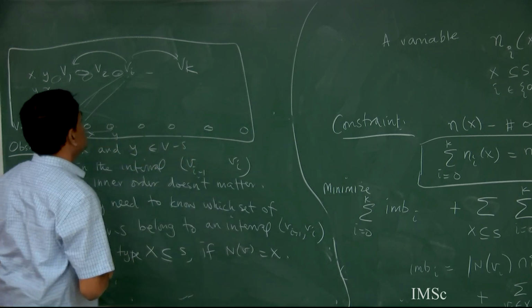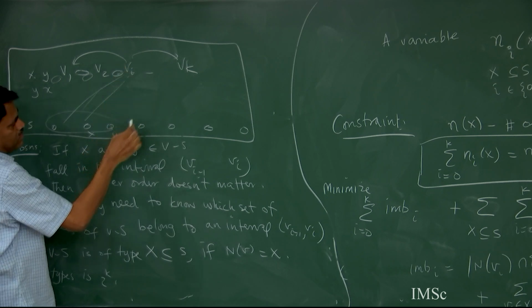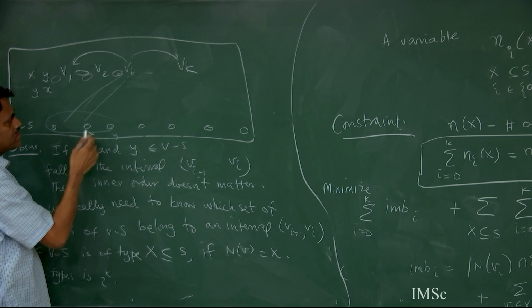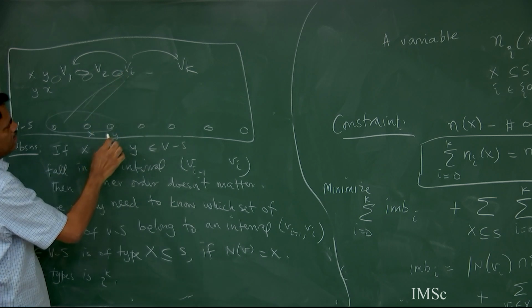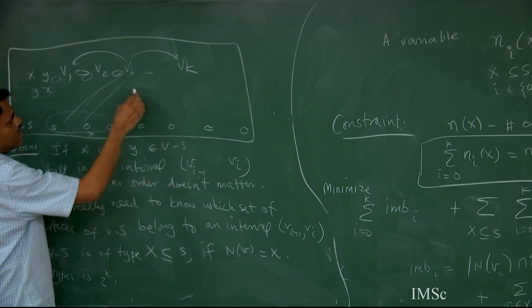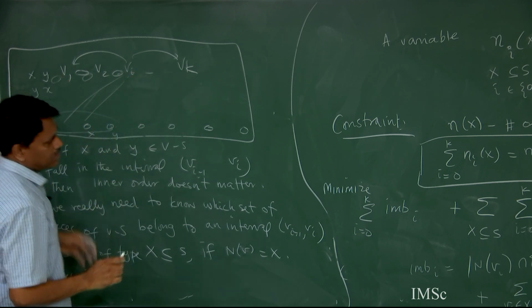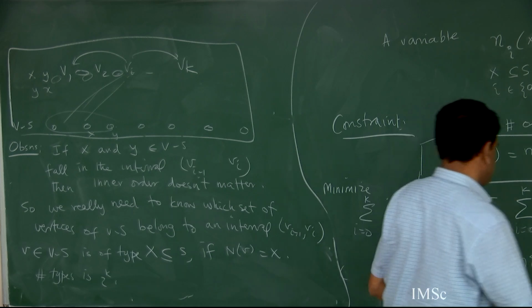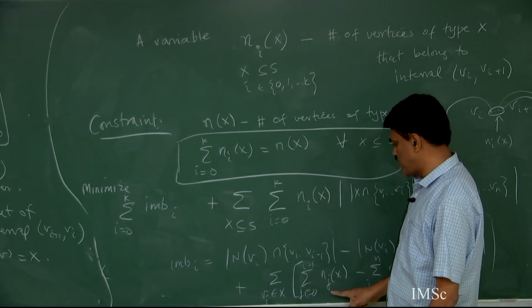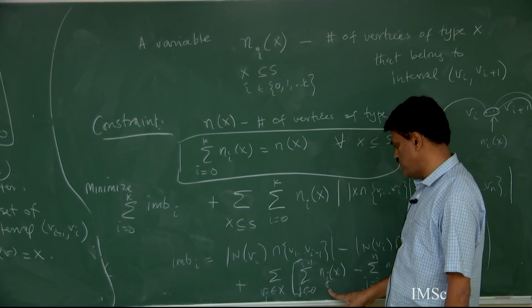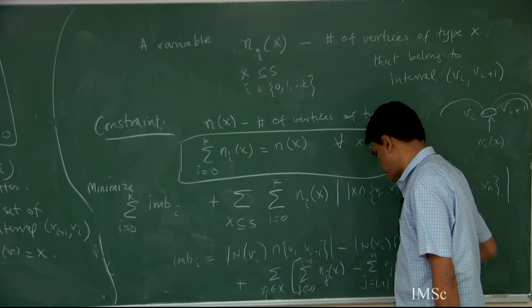The second term is that look at all sets that contain Vi, all types X that contain Vi, because those are exactly the neighbors of Vi, right? Among them, all those types, how many have come before me and how many have come after me, I subtract them, right? So N_j of X is the number of vertices of type X that are in the interval j. So for every X that contains Vi, I have to look at this and subtract it.